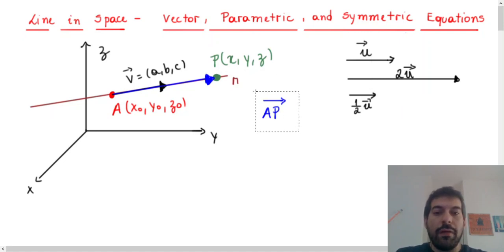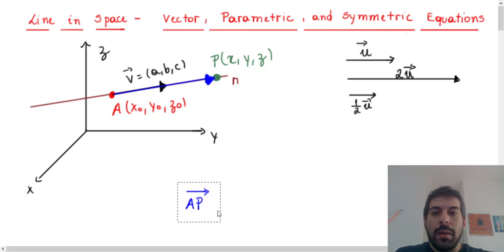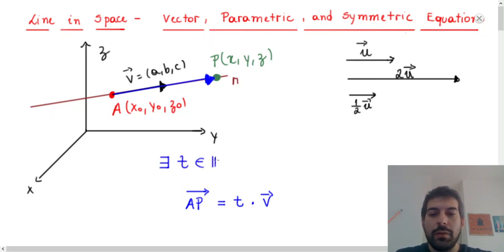So if this P, again, belongs to the line r, it means that the vector AP is a multiple of the vector v. So it means that the vector AP will be equal to t times v, okay? So we can say that there is a number t belonging to the real numbers such that AP will be equal to t times v.